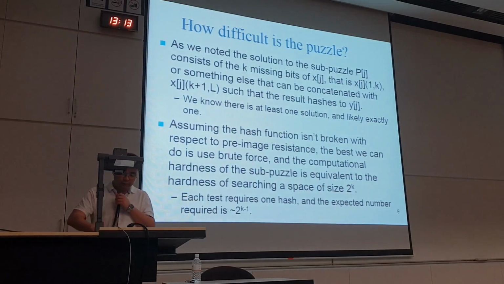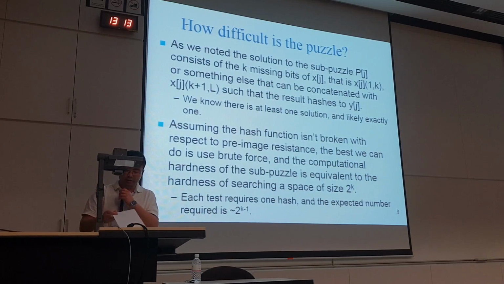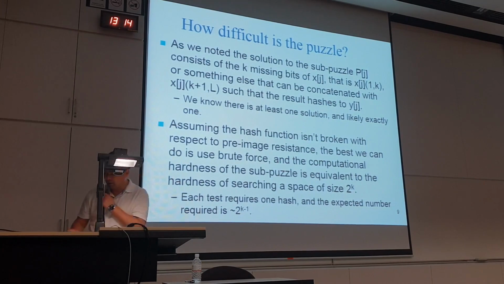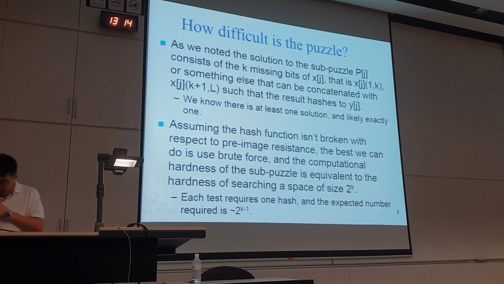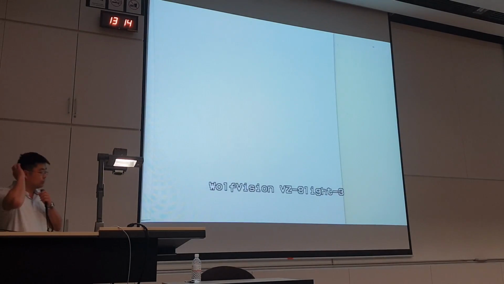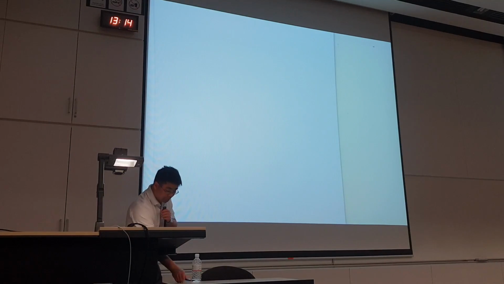Right, so why is this roughly? Because there is some small tail removed here, okay? If you remember how to calculate the expected value, you can easily calculate why this is 2 to the power of k minus 1.